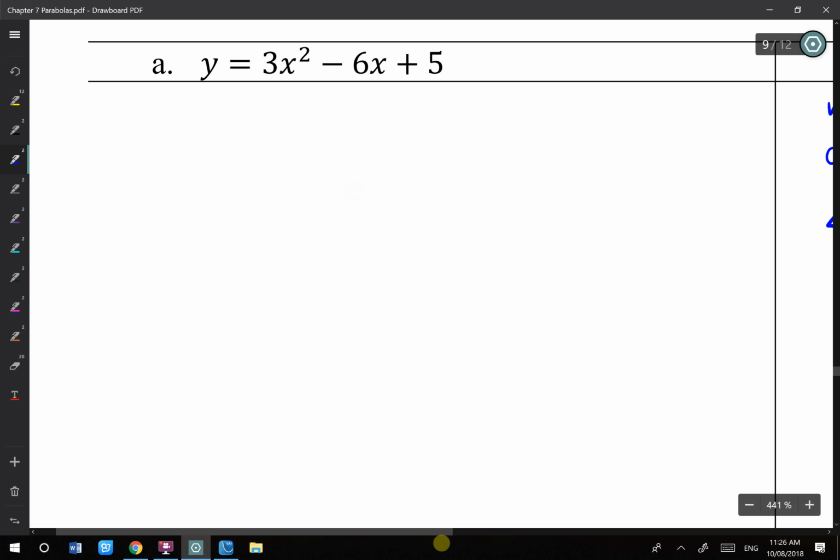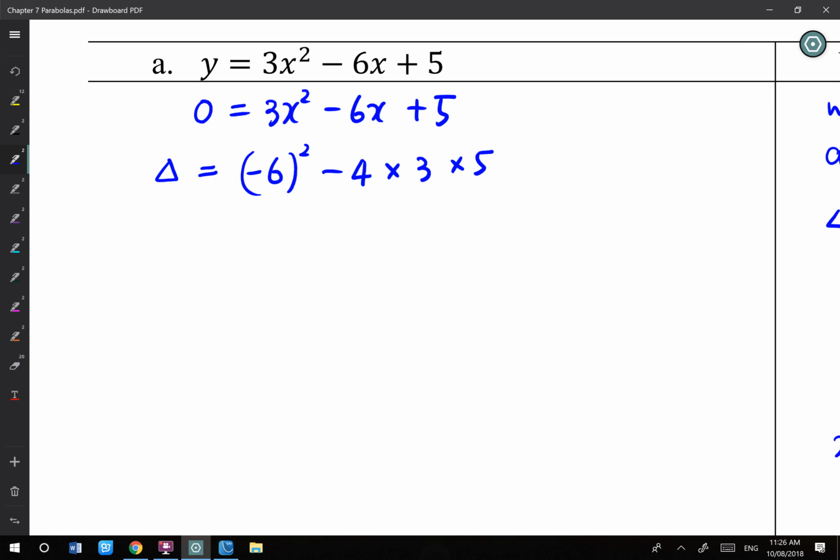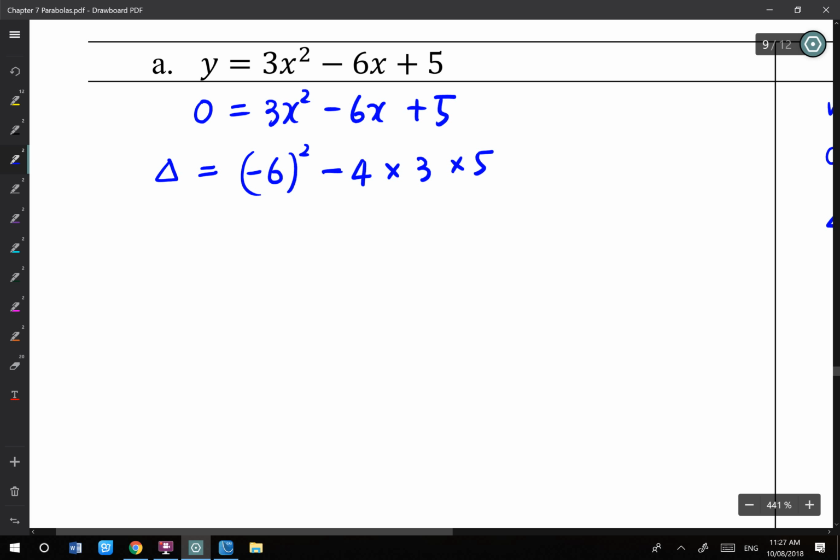So what you will do is make 0 equals 3x squared minus 6x plus 5. We check the discriminant. Discriminant is minus 6 squared minus 4 times 3 times 5. That's 36 minus 60.